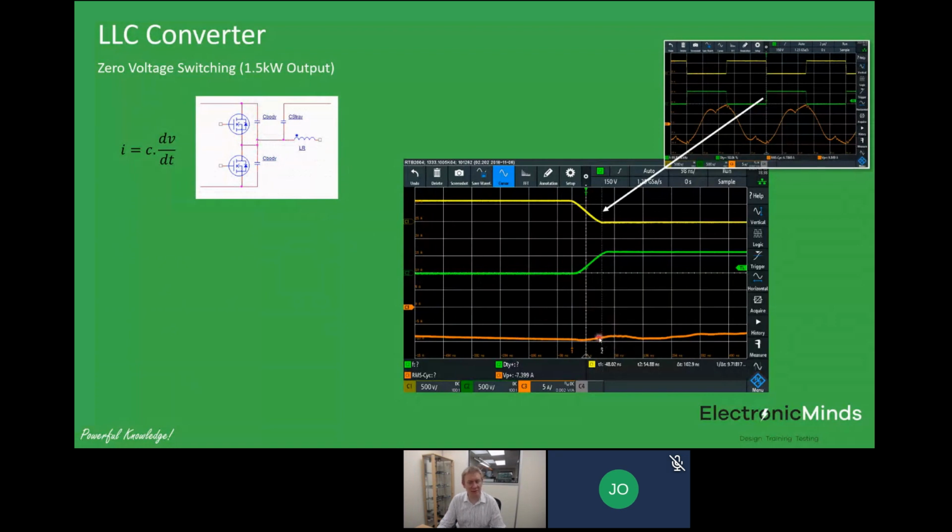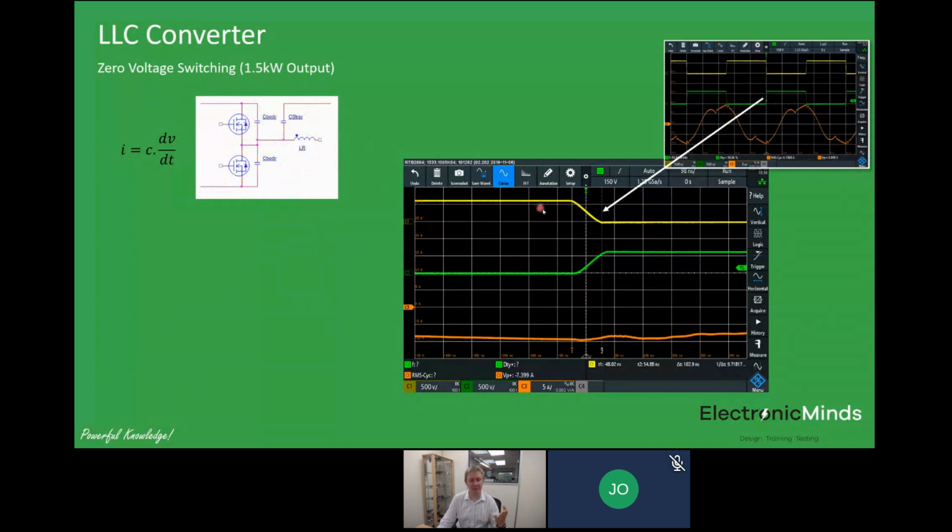So what happens is that inductive load current is used to charge the total parasitic capacitance on that switching node from 0 to 600 volts or 600 volts to 0, depending on which edge you're on. That parasitic capacitance is formed primarily of the body capacitance of these power devices. It's also formed by stray capacitance, which might be PCB traces or winding capacitance in your resonant inductor, but the majority of it is probably your power devices.